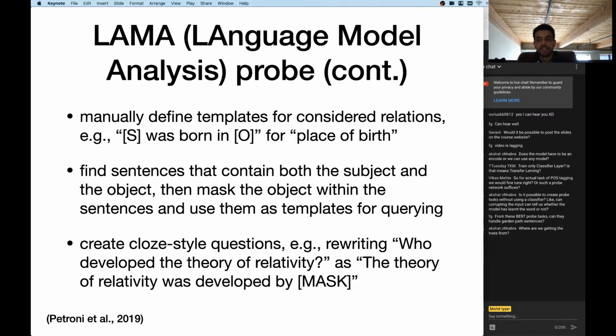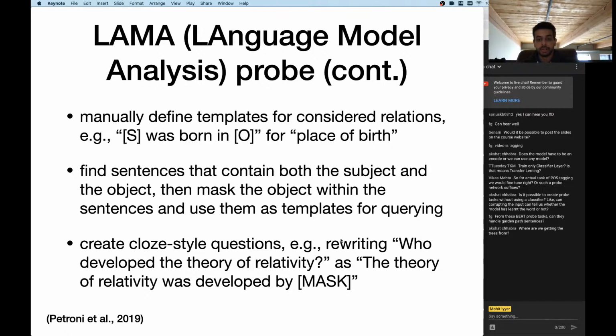So this kind of knowledge-based probing requires manually defining some kinds of templates for certain relations. So if you're interested in probing the place of birth relation, you might create this template, "S was born in O," and then provide S and see what the model predicts for O, or vice versa.